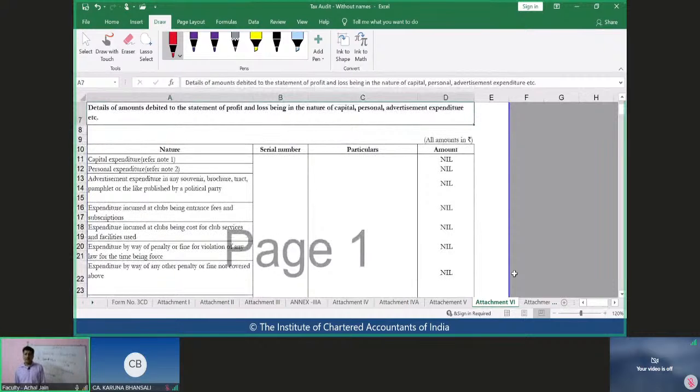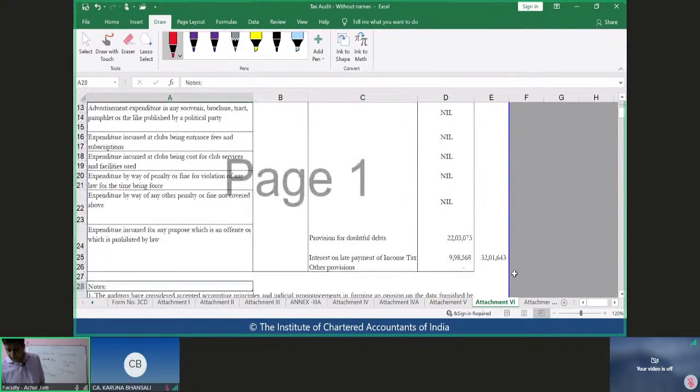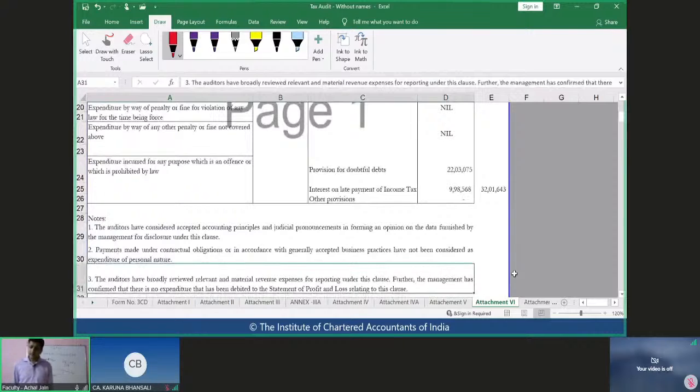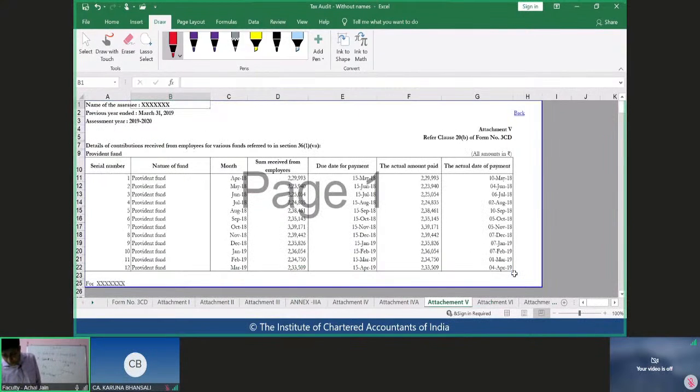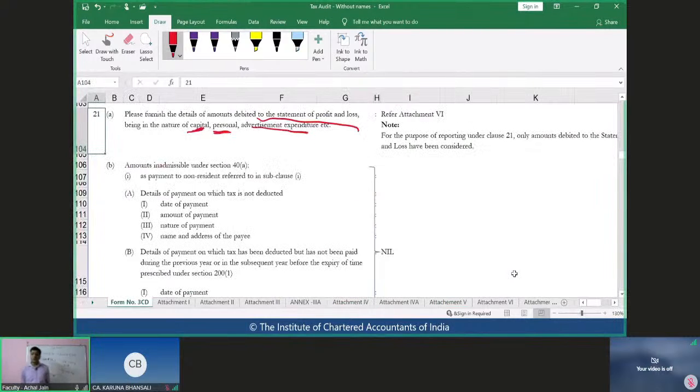Any capital expenditure, in case the management would have had. Personal expenditure, which should not have been debited to P&L, in case that has been debited over here, those will be required to be reported. In this case, it's all nil. That's why we will not really be having something from the attachment or this attachment number 6.